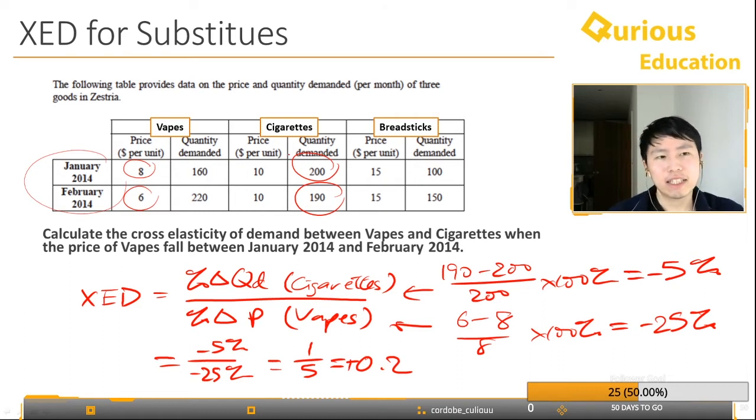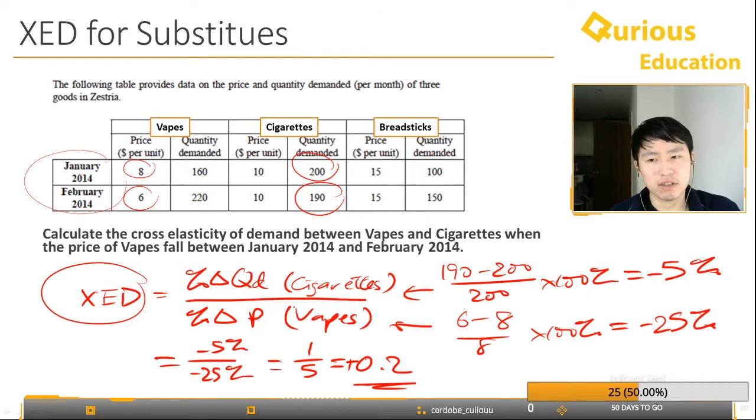So you can see that the XED for substitutes is going to be positive, whereas the XED for complements is going to be negative. And of course, that's because if the prices of vapes go down, then people would demand more vapes, therefore the quantity demanded for cigarettes will also go down, and therefore we get a positive number for substitutes in XED.